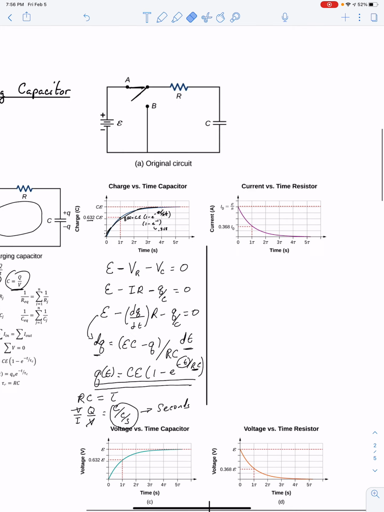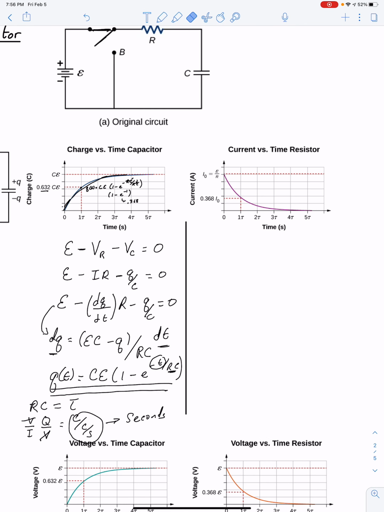So now let's go to this one. In this one, you have to remember that as the charge of the capacitor increases, the current through the resistor decreases, as we were talking about before in our original diagram. In this case, I'm sorry to say, but you're going to have to do some derivatives. But it's not that bad.